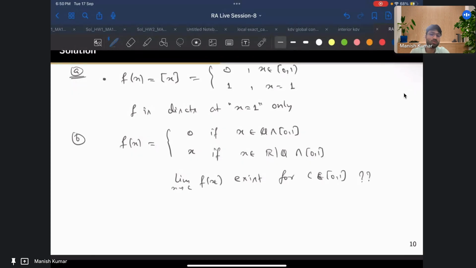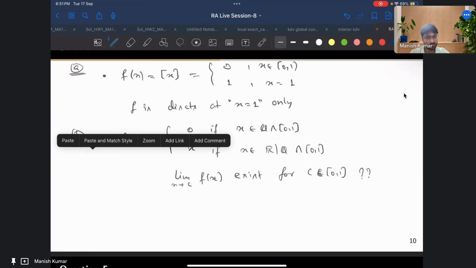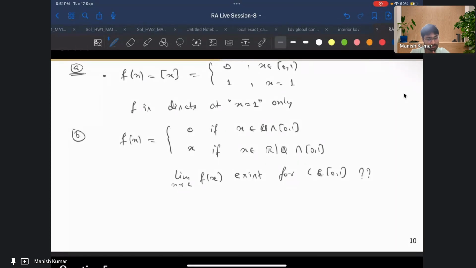What will happen for c equal to 0? The limit exists for c equal to 0, sir. What about when c is non-zero? The limit does not exist, sir. How will you argue that? Between any two rational points, there is an irrational. Correct.